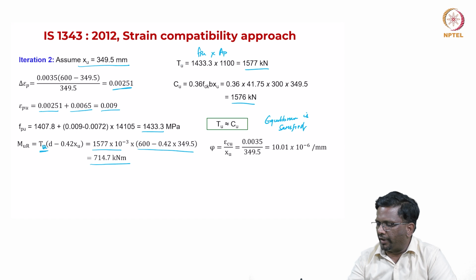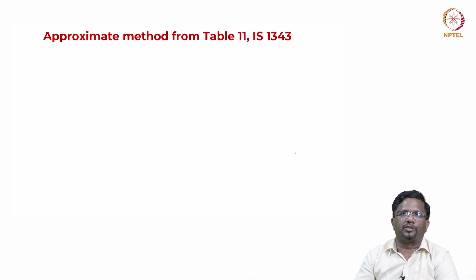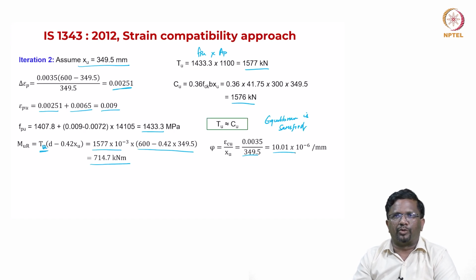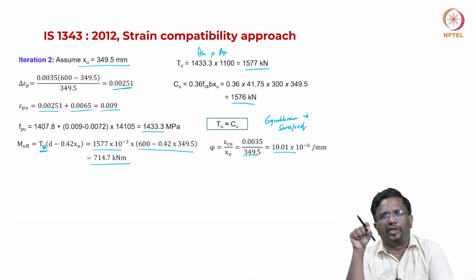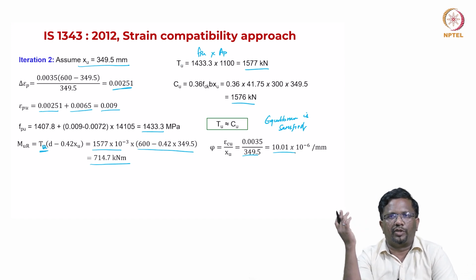Now, curvature at failure is epsilon Cu by Xu, then I get 10 into 10 to the power minus 6 per millimeter, right. So, this is using your strain compatibility approach, how to get moment and curvature for one strain value, which is 0.0035. The only thing is we do not know what Xu will lead to equilibrium.